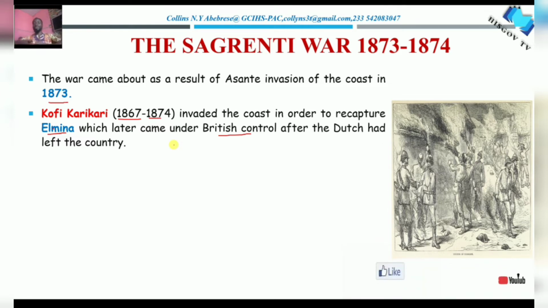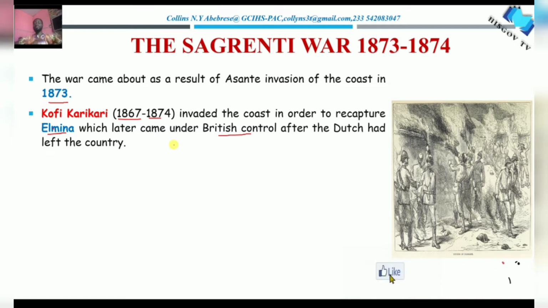But with this agreement, Elmina is going to fall under British rule or protection. If you were the Asantehene, looking at how important Elmina is to you, I don't think you would sit down and watch Elmina go under the protection of the British. And don't forget that the British and Asante were not friends.